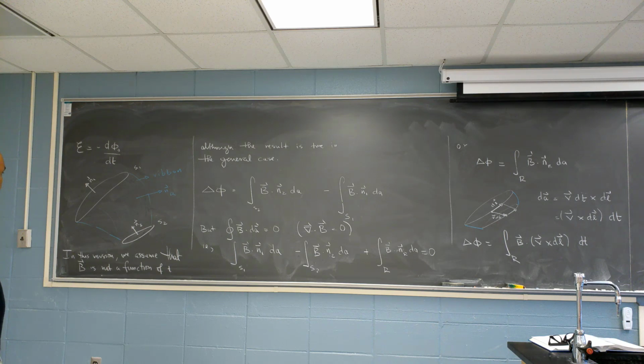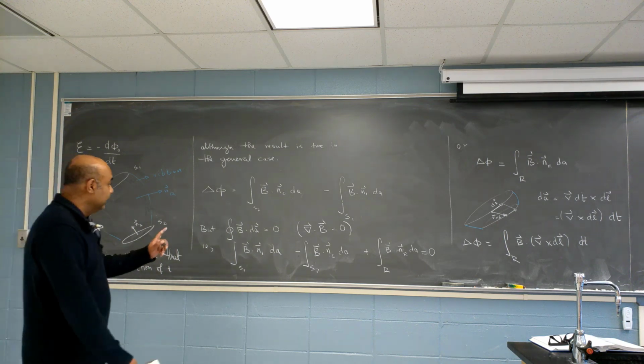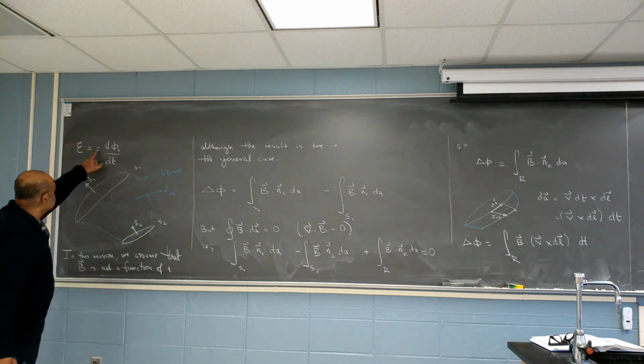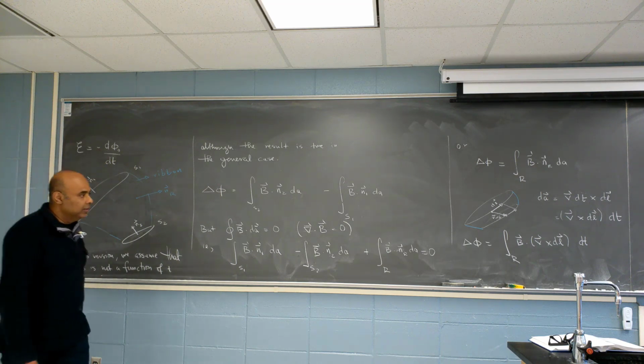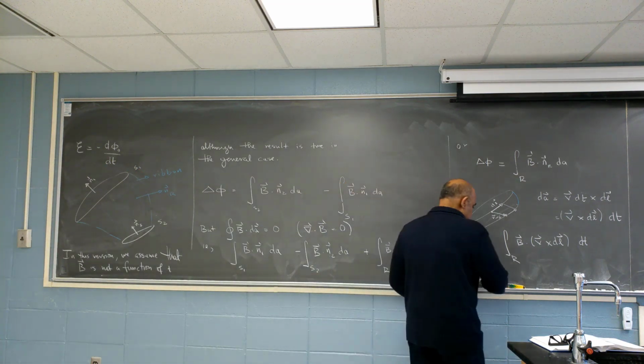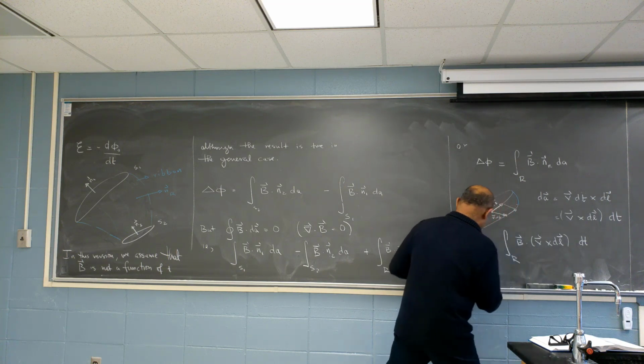So I want to do a little bit of vector identity because I know the answer. There's got to be a minus sign. But I can do one thing before. First of all, I can take a clean derivative.